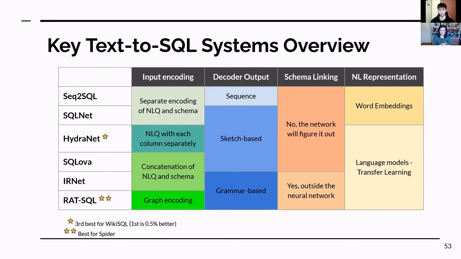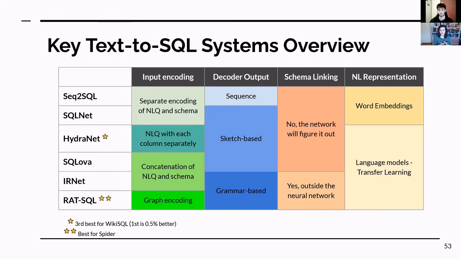Now, as far as the decoder output is concerned, we see that we have 3 options, as we already discussed: sequence, sketch-based, and grammar-based. Sequence-based has the problems of essentially introducing unnecessary complexity and potential errors in the generated SQL.